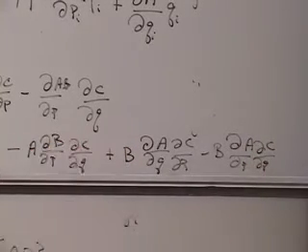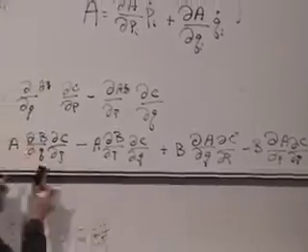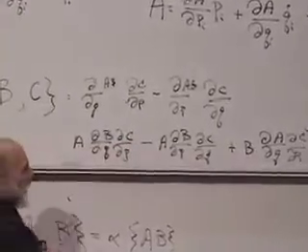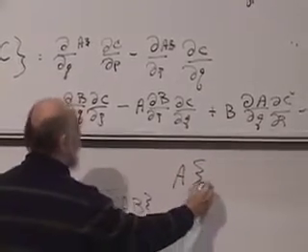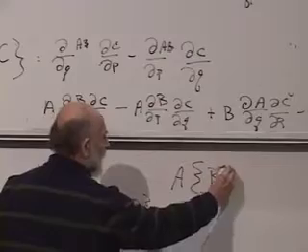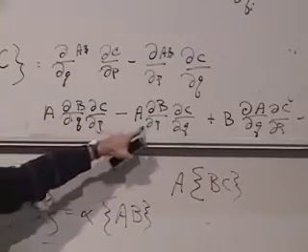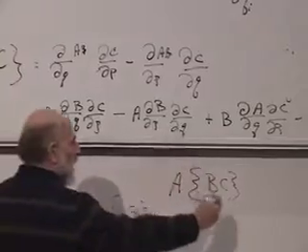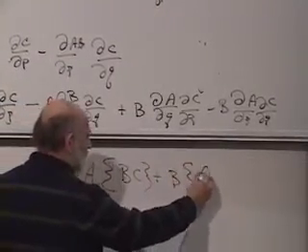If you put it all together, this piece here is just A times the Poisson bracket of B with C, and this one is just B times the Poisson bracket of A with C.